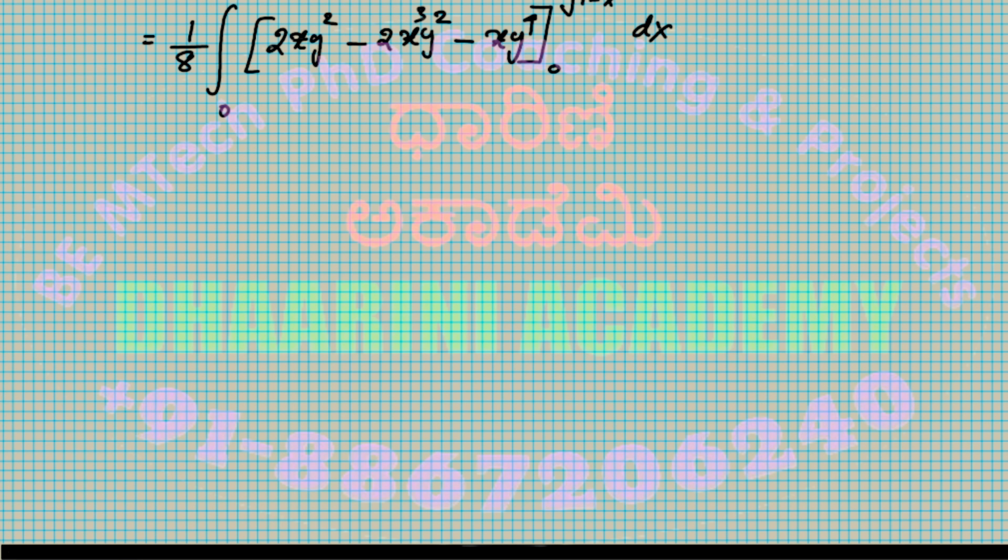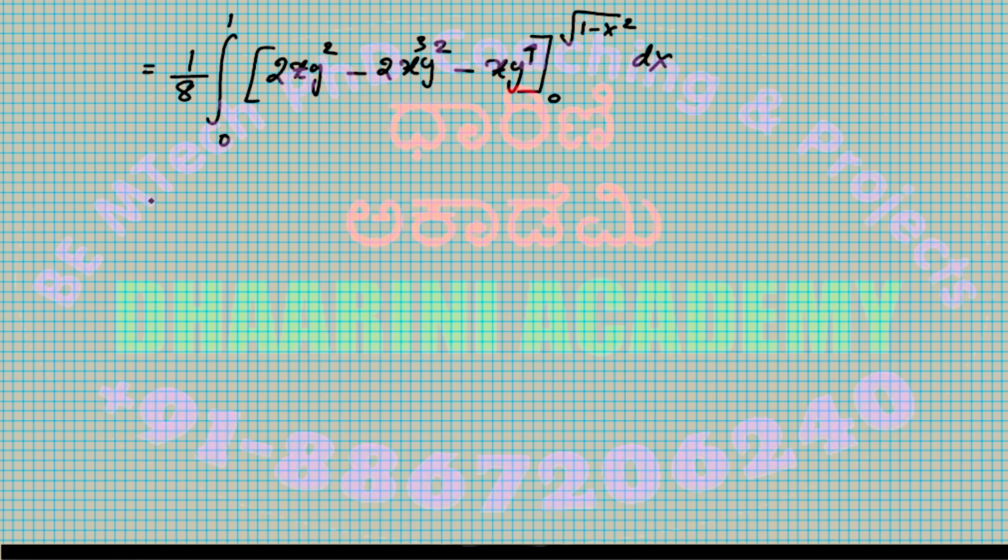So in my next step, this is equal to 1 by 8 integral 0 to 1. So I substitute root of 1 minus x square over there. There is a 2x already present. Y square makes this 1 minus x square, right?